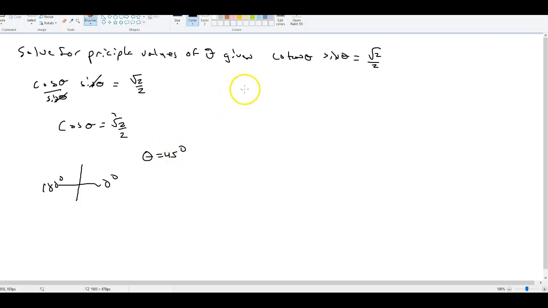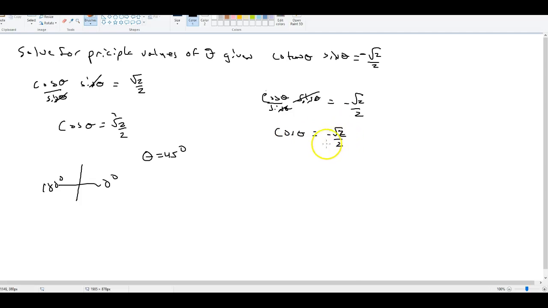If I gave you instead the exact same problem, but I put a minus sign here, then it would have been exact same work. I would have gotten to cosine theta over sine theta, cross cross, equals negative root 2 over 2. I would then get cosine theta equals negative root 2 over 2.